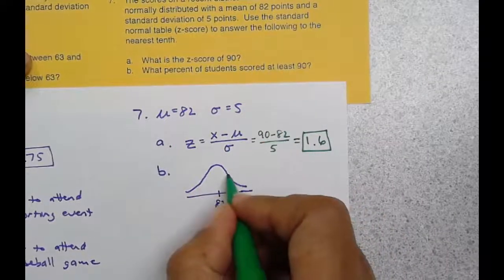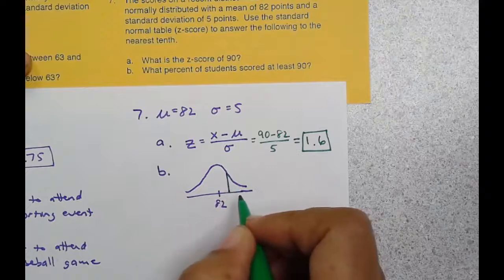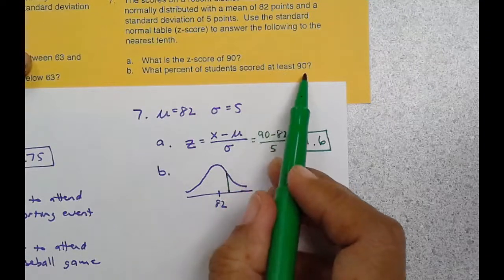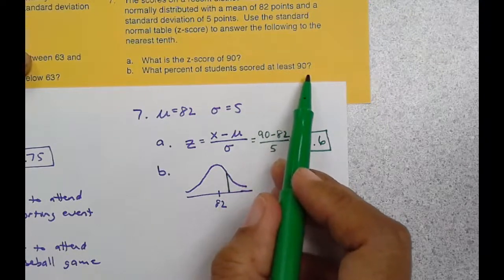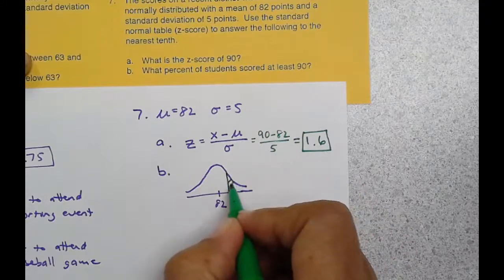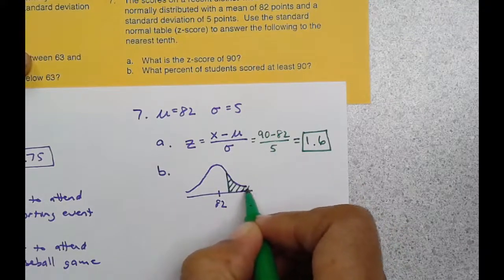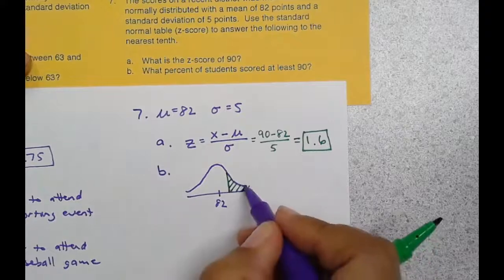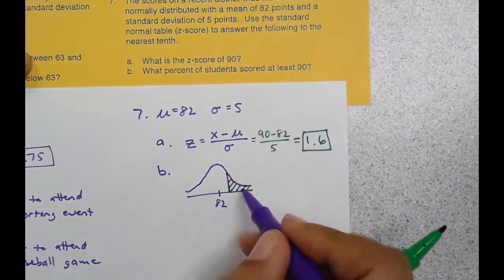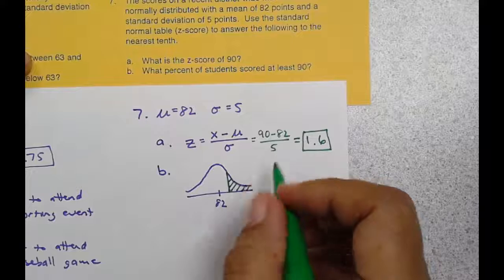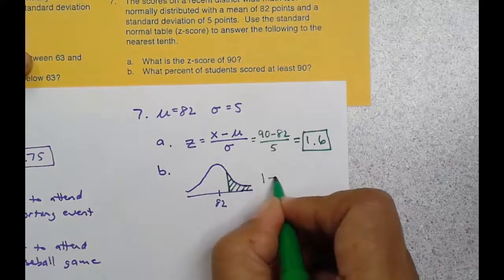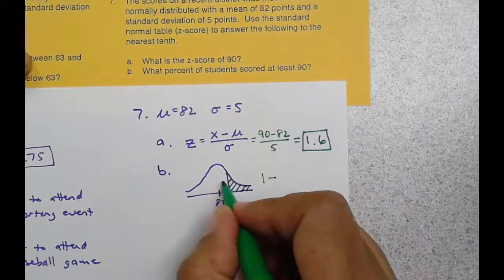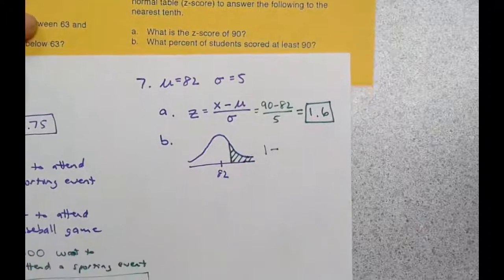So 90 is going to be higher than 82. But which way should we shade if we're saying at least 90? So at least 90 means it should be above this number. So keep in mind the value that's in the table is the part to the left. So in order to get the part to the right, we're going to have to do 1 minus that probability so we can get the right side of this shaded section.